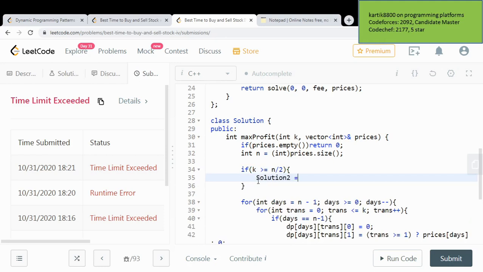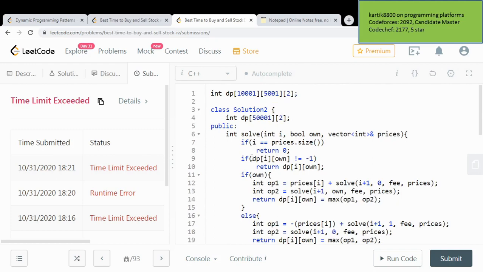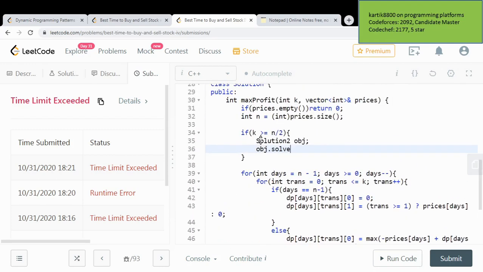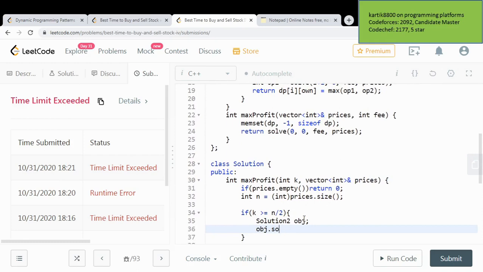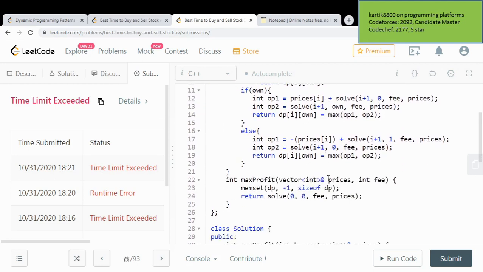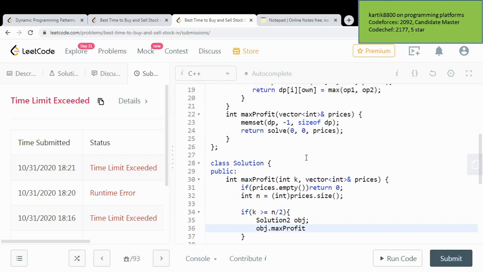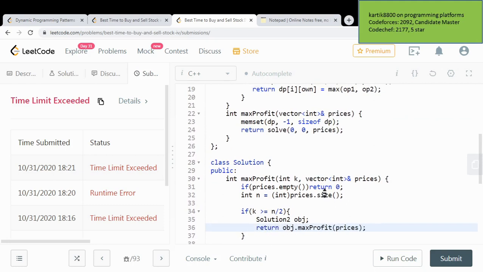Solution 2 object obj dot solve, or better yet, obj dot max profit, and we can pass in our vector of prices, and whatever is returned to us, we'll return that, and this is in big O of n time.